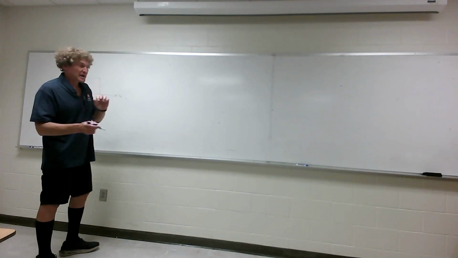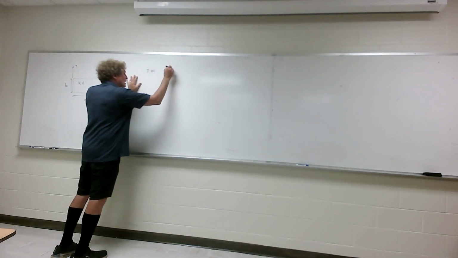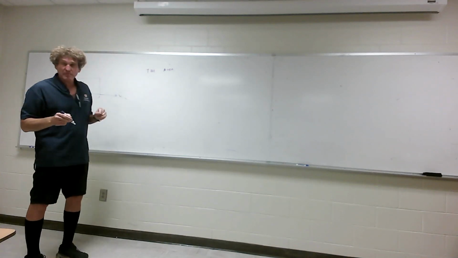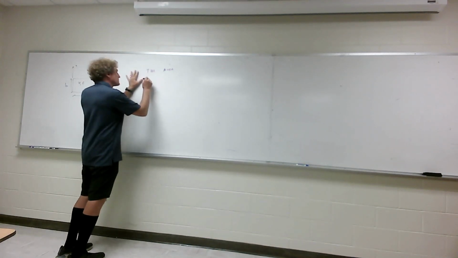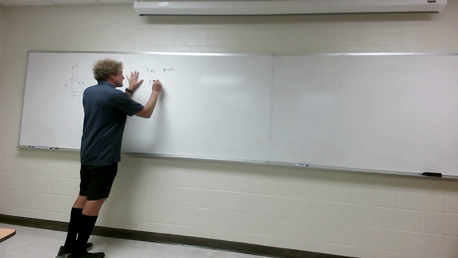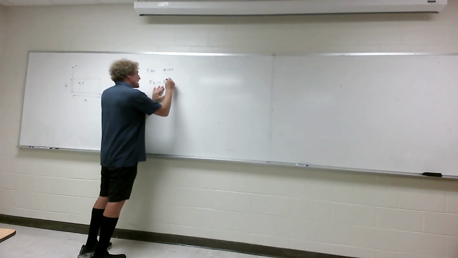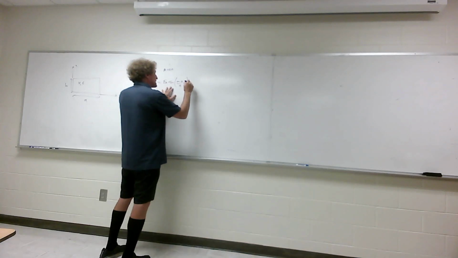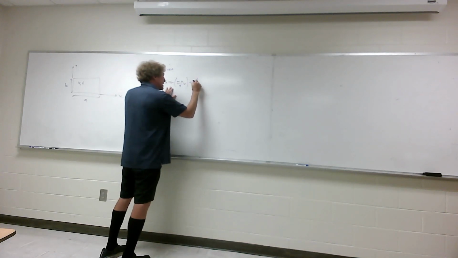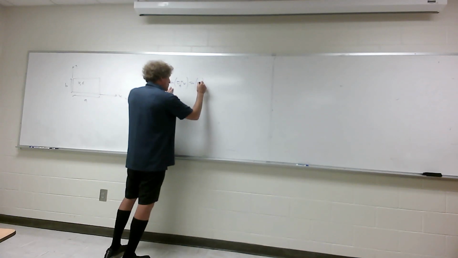Now, when we talked about the TM mode, you all remember this? For the TM mode, we found that the actual field Ez is given as some E naught times the sine of m pi over a times x, and times the sine of n pi over b times y.